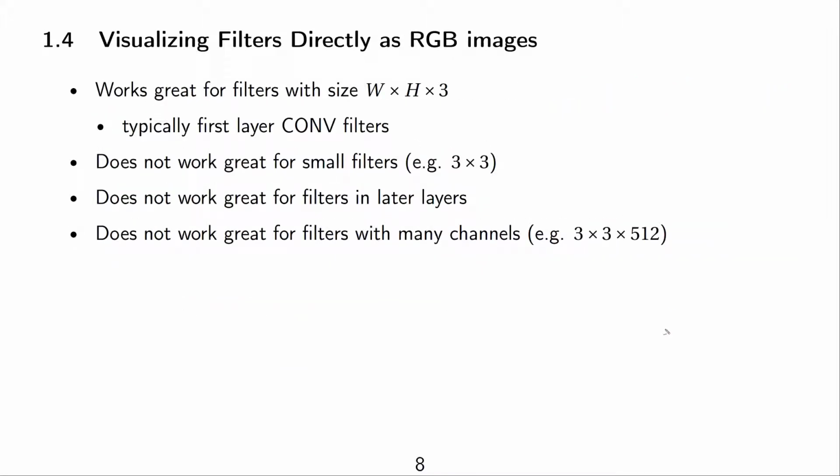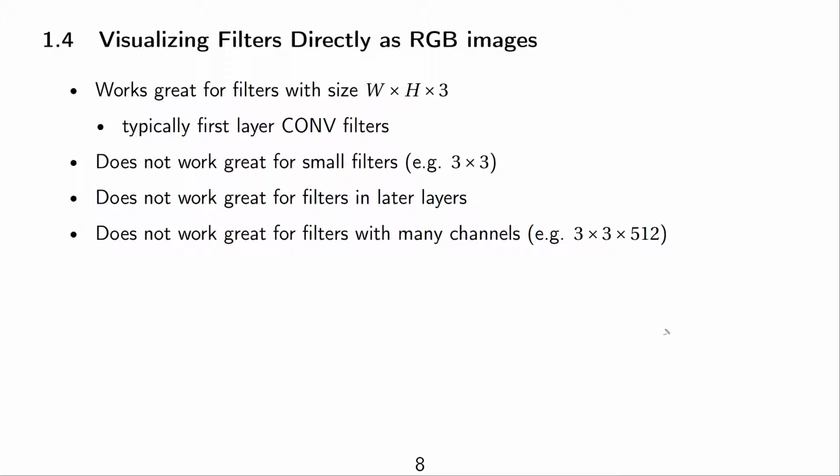The first idea we're going to discuss is visualizing filters directly as RGB images. And this works great for filters with the size width times height times 3. That means the filters that operate on 3 channels. And this is typically possible for the first convolutional filters, that is, the filters of the first conv layer.